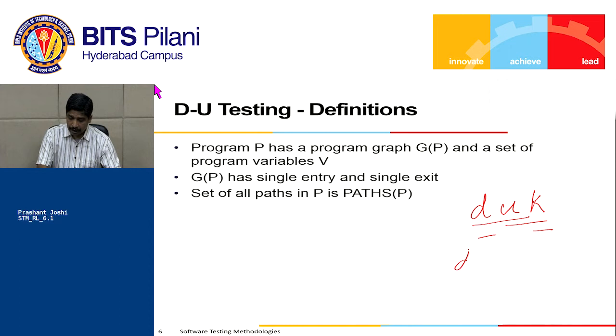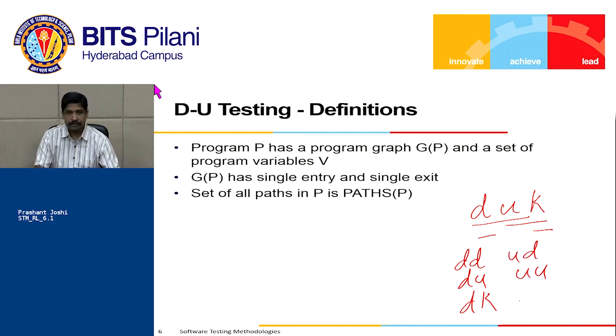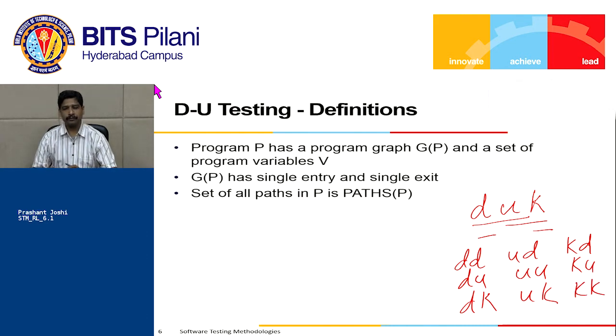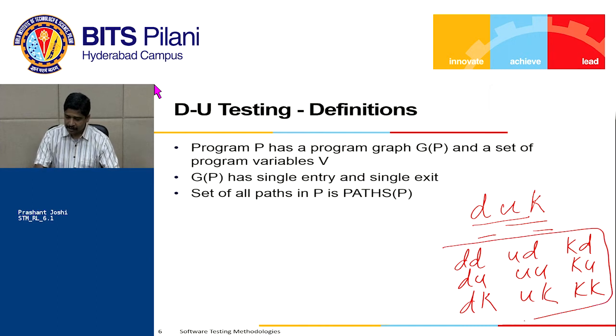For example, define and define, define and use, define and kill; use and define, use and use, use and kill; kill and define, kill and use, kill and kill. Such pairs can help us in analyzing pieces of code. And our focus is going to be on the DU pair, definition and use.